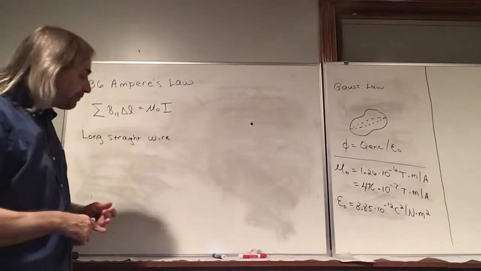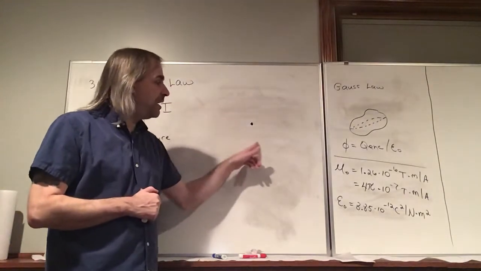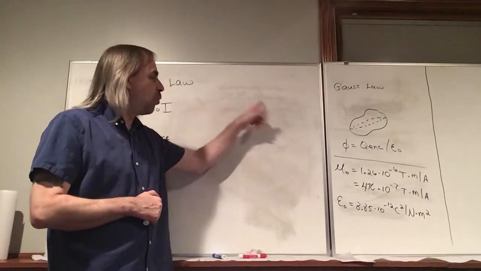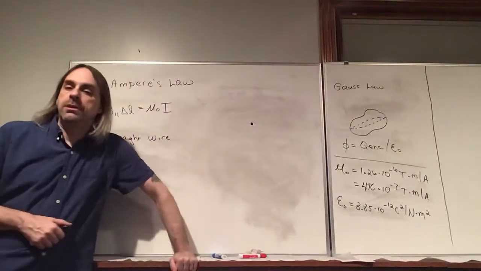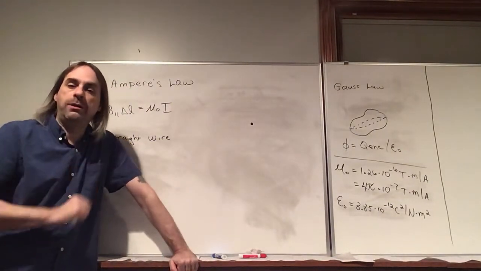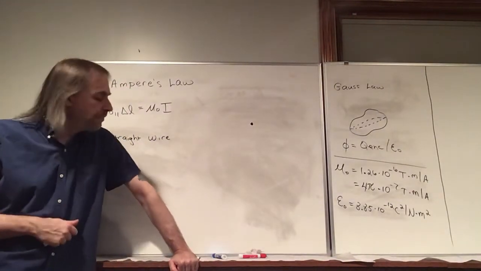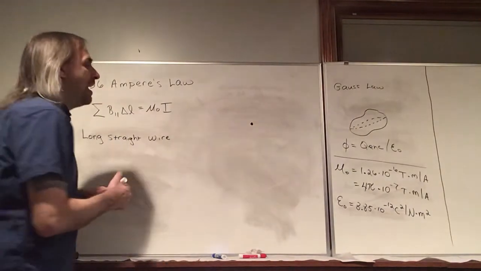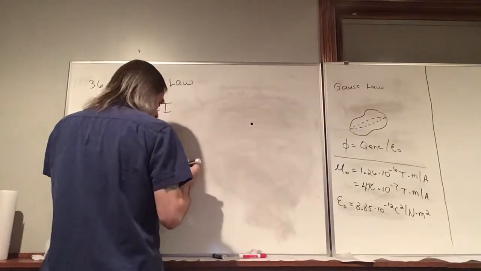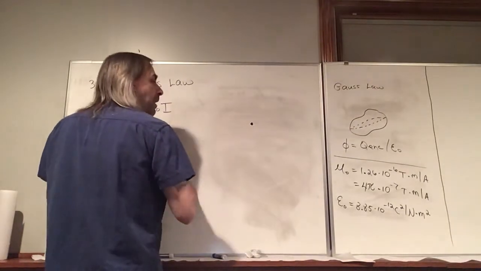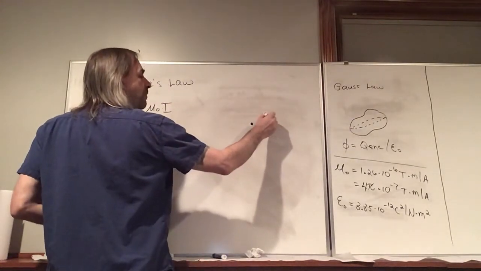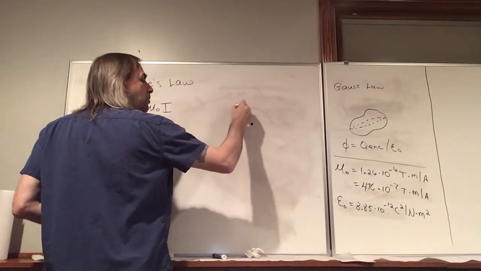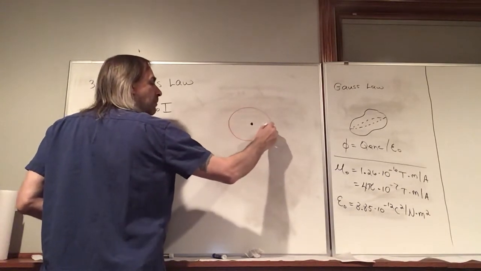Now, let's say we surround this wire with compasses. They've got needles that can rotate and line up with the magnetic field. What we learn from that is that the magnetic field lines circle around, I'll use red for magnetic field. So these magnetic field lines circle around the wire.